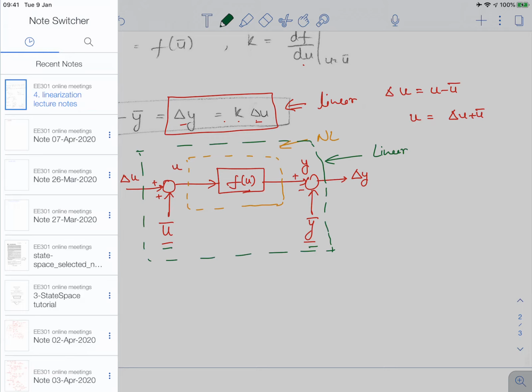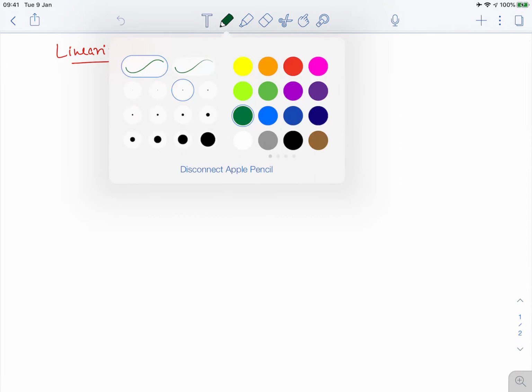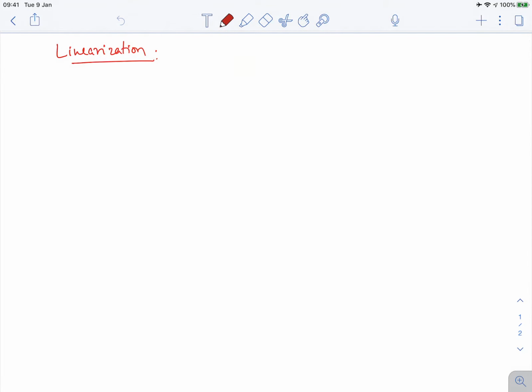So we can take one example just to apply this idea. But first, let's write the main equation that we had seen.